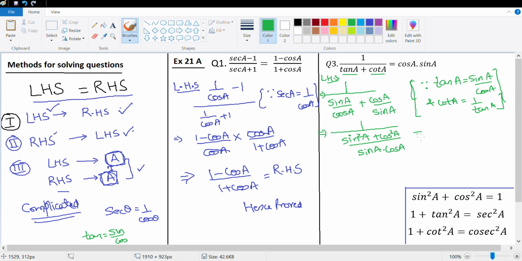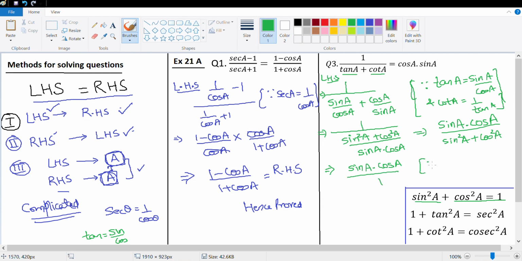Yes, now this is fractional division, which means my answer becomes sin A dot cos A upon sin square A plus cos square A. Now I remember the first identity that we proved, sin square A plus cos square A is equal to 1, which means this is equal to sin A into cos A upon 1.